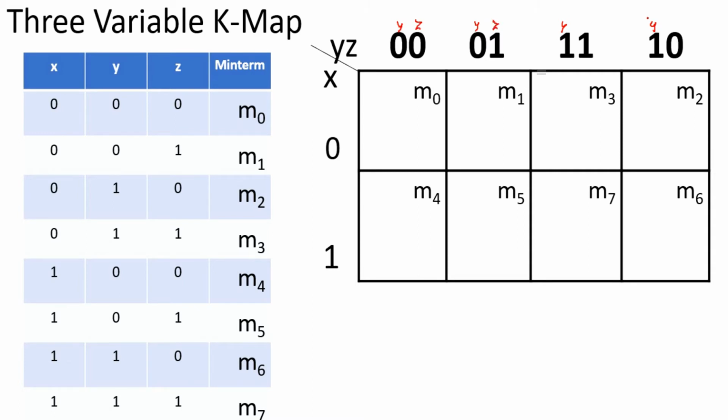Z, Z. So, kung saan nag-meet? X is 0, Y is 0, Z is 0. X is 0. Okay, dito sa row na to. Y is 0 and Z is 0. So, ito. Nandito si M0.